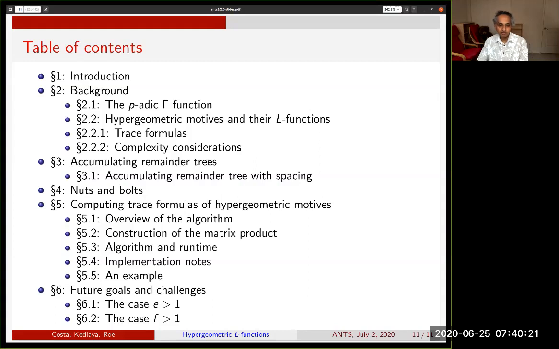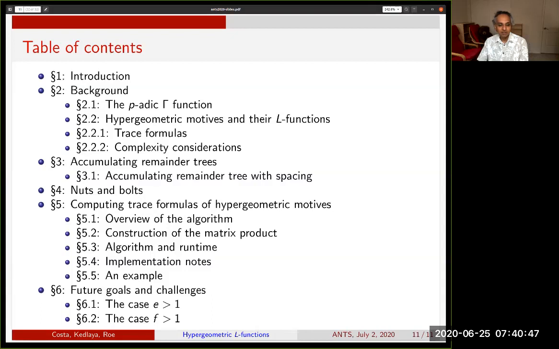Section 4 consists of some technical lemmas, which are used in section 5. Section 5 begins with a conceptual overview of the algorithm, which I recommend reading before trying to read the details. It continues with the construction of the matrix product, a detailed description of the algorithm, notes on the implementation that I illustrated earlier, and a worked example that you can follow with your bare hands.